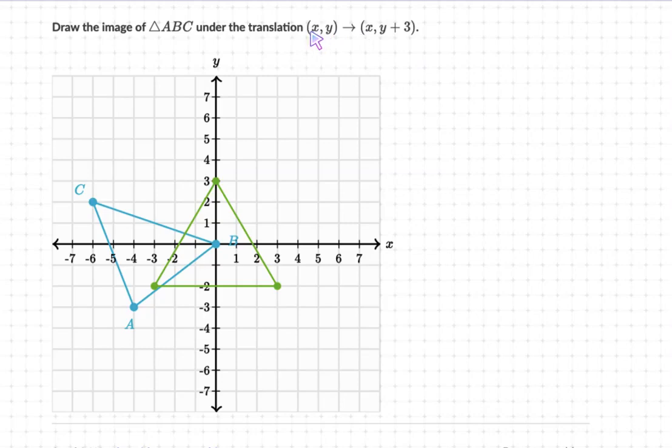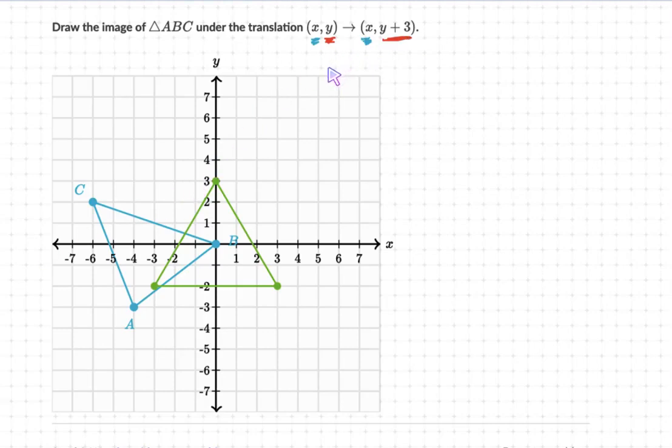So they're saying that the original x actually needs to stay the same here because it's the same value. And then for your y, you're basically going to take that y value and you're going to add 3 to it. So let's try that out.